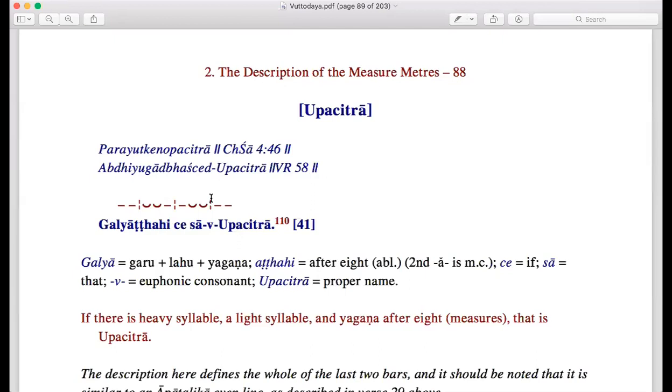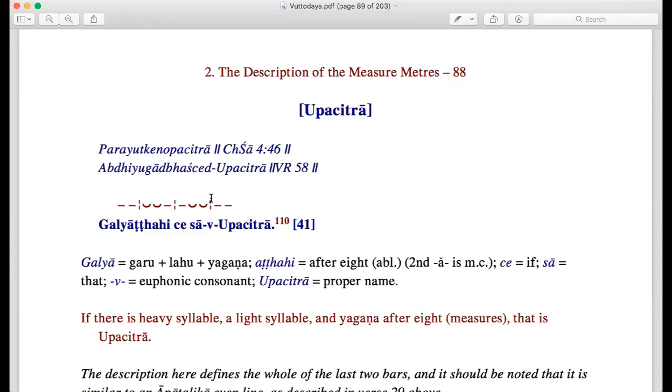Actually we can use it, because we also learned that that is a general rule, the mostly used rule, but still we can observe in some verses that Ragana and Yagana are there.